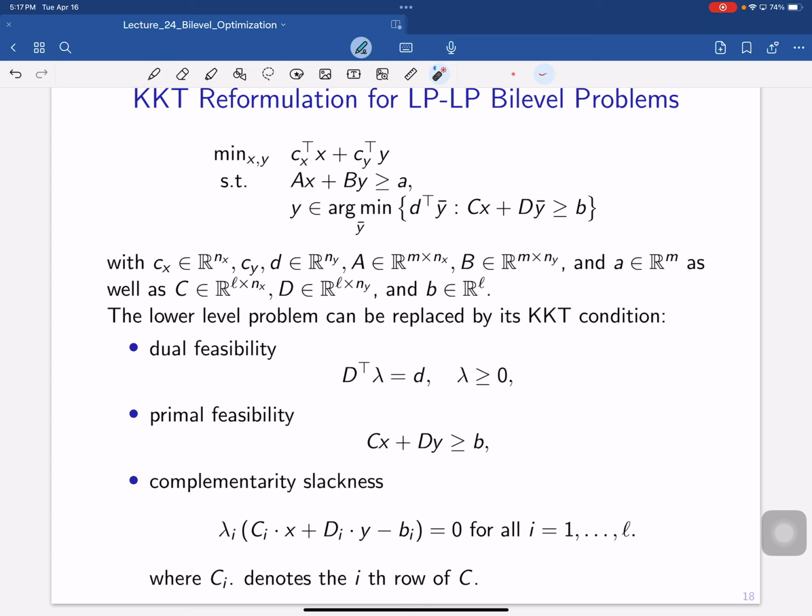All the y that solve the lower level problem, all the y in the rational reaction set, must satisfy these three constraints. And this condition is both necessary and sufficient, so that's why you can replace the lower level with these three equations. All the rest of this lecture will be based on optimality conditions.